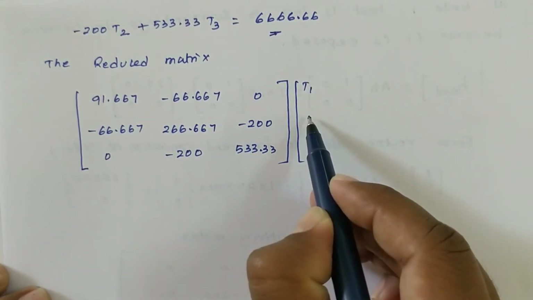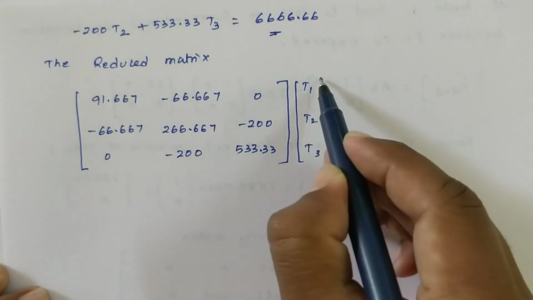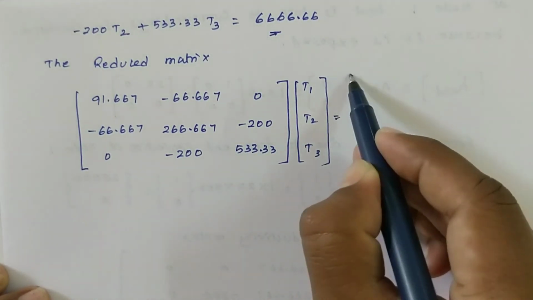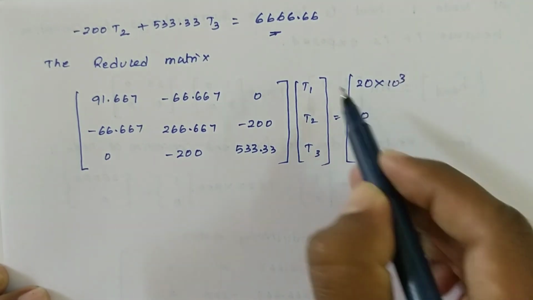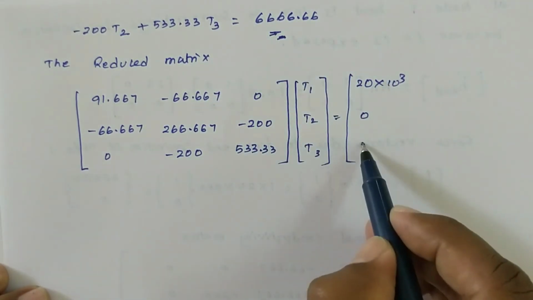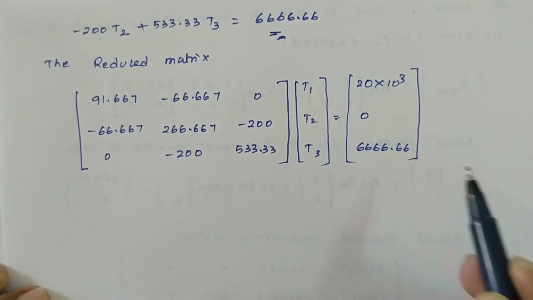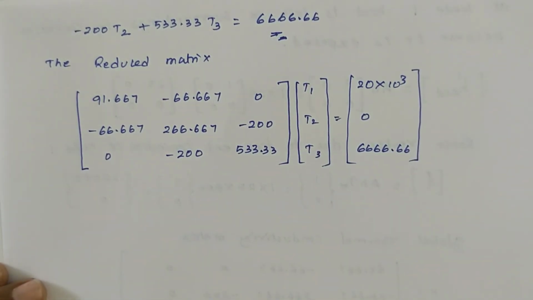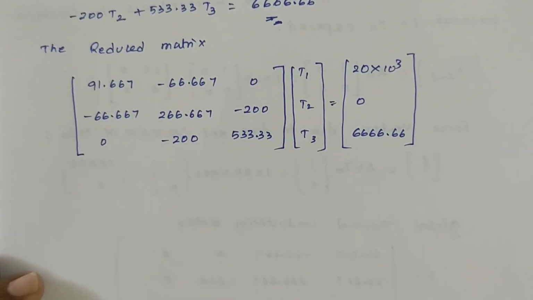So now we have T1, T2 and T3. Here we had 20 to the power 3, 0, 0, and now this value gets added here. Now we use the elimination method.